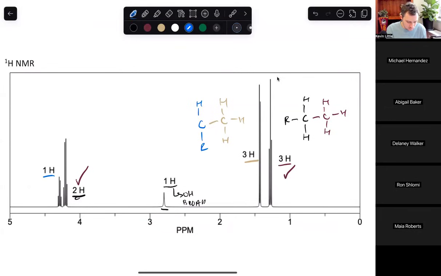So that means I don't know what is left on this CH. And I know I have an OH. So I've checked this off. I've checked every part off of my NMR.